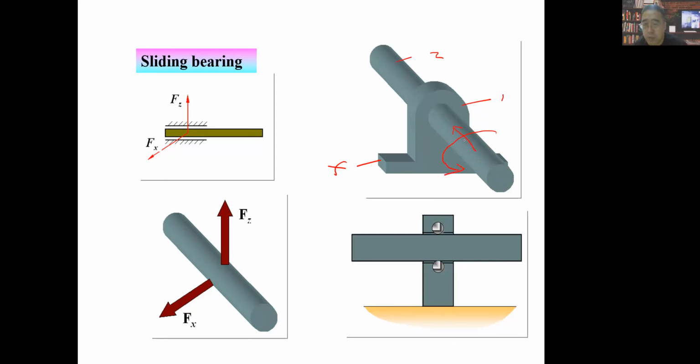So these two possible movements are allowed, but it cannot move along this direction and this direction, right? Because if it tries to move along this direction, it will be controlled by this part of the frame. When it tries to move along this direction, it will also be controlled by this part of the frame.